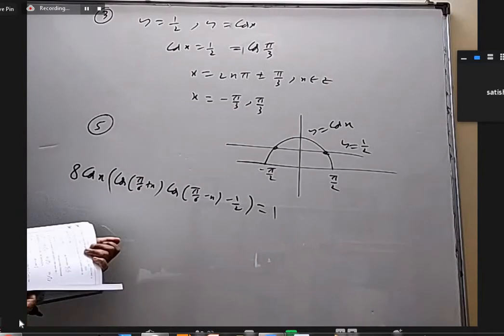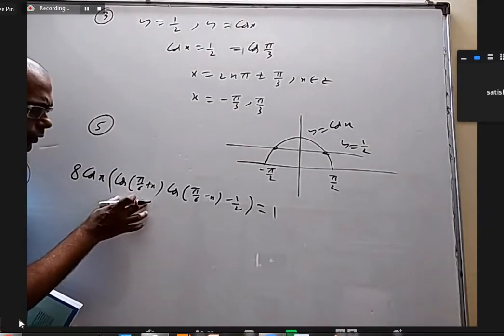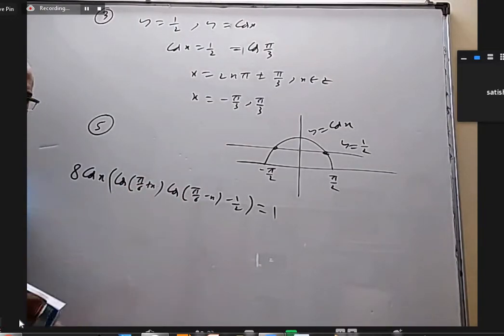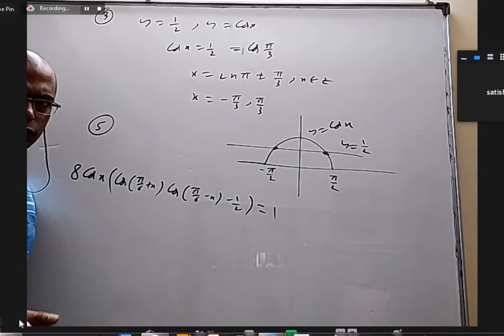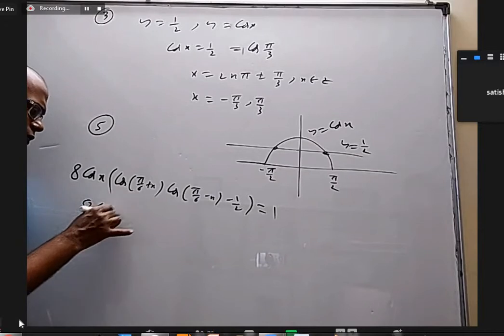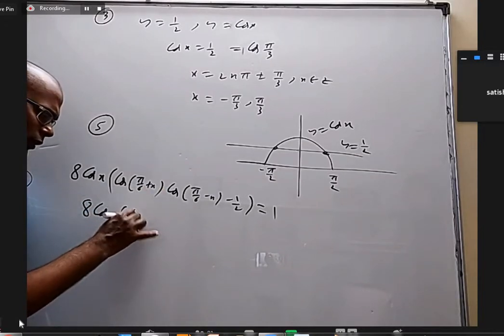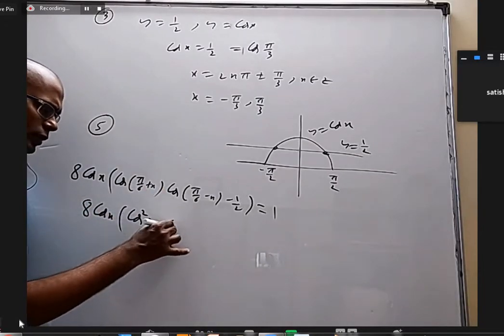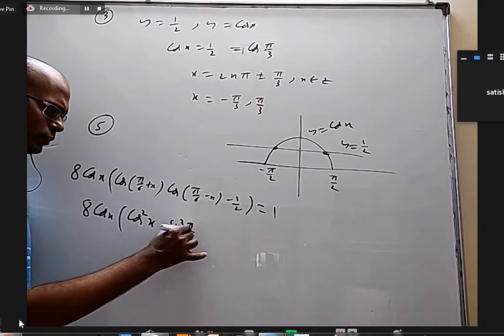Okay, I think we have to use here the cos a plus b into cos a minus b formula. You can write cos square a minus sin square b or cos square b minus sin square a. 8 cos x into, I am going to write it as cos square x minus sin square pi by 6.